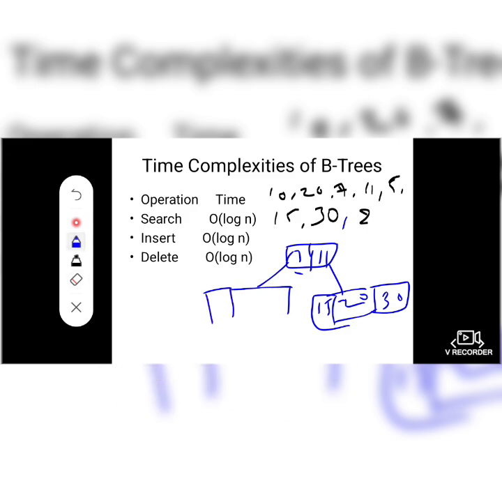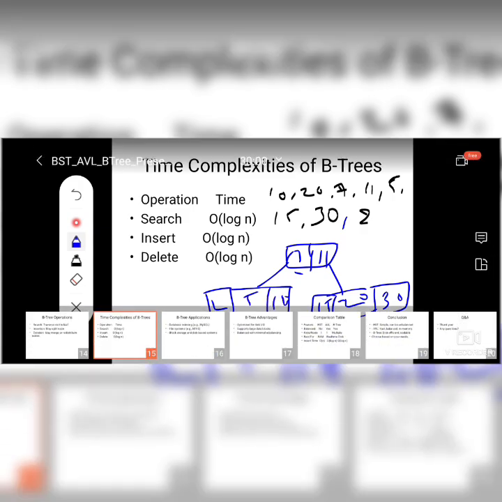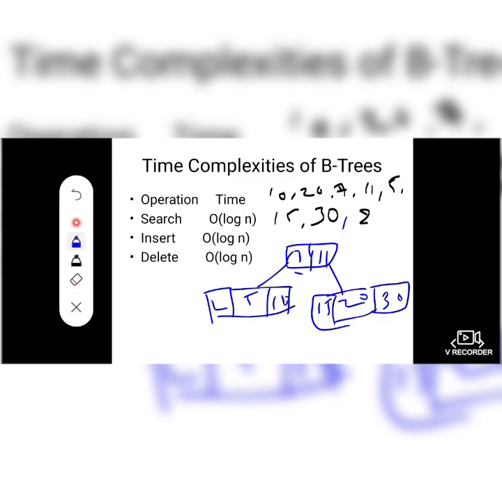What are the values here? 2, 5 and 10, right? Now 7, see, it is not valid as in a binary search tree, because 10 is greater than 7, so here 10 will be moved. 2 and 5 will be here only, and 10 will be in the middle.